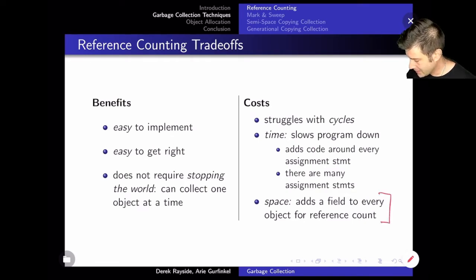And then the same about space, right? It adds an extra field to every object. And again, you may think that's not a big deal. It's just going to be one integer. But for very critical code, this can have a big effect. If your object is slightly bigger, with an extra machine word, then it may no longer fit into a cache line.